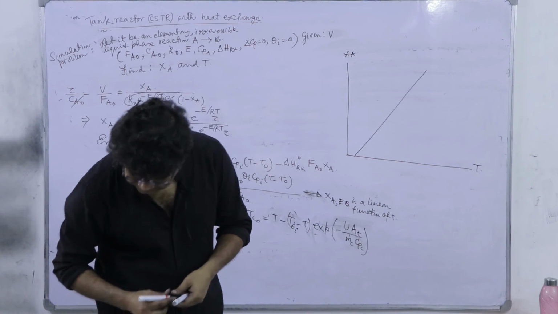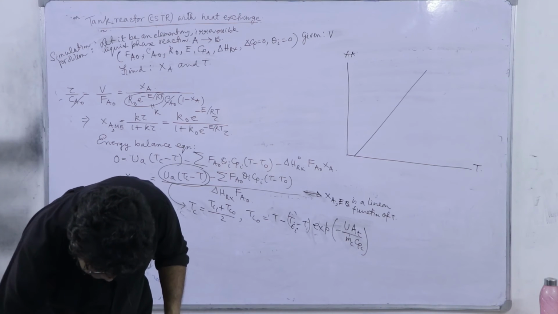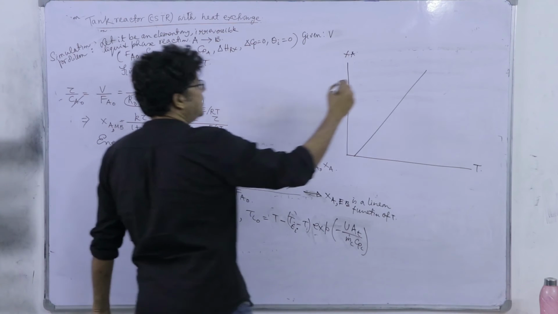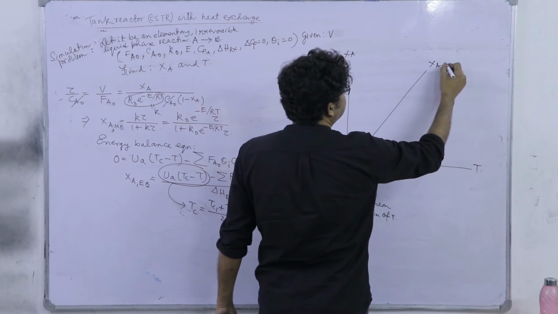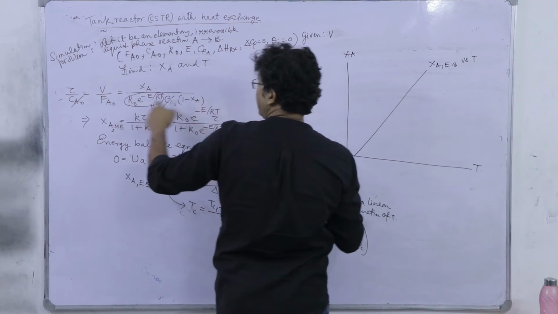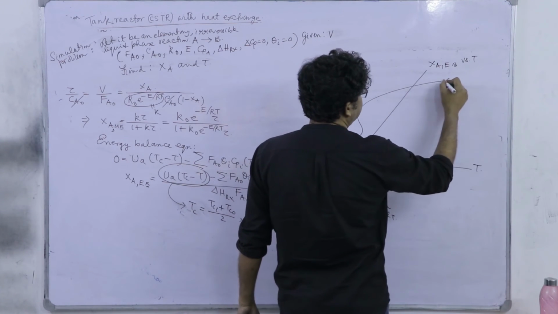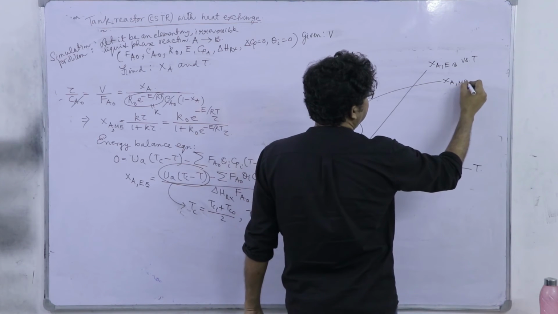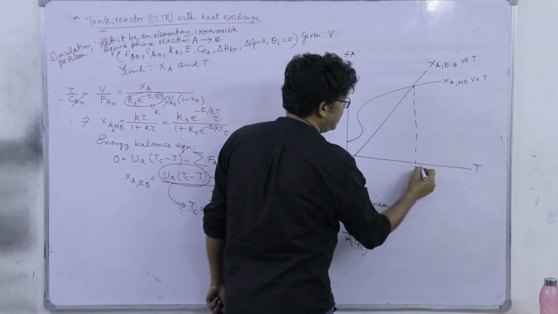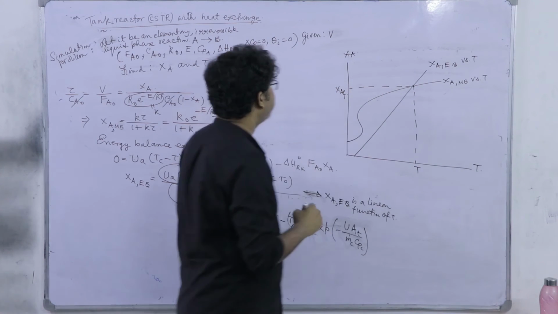So, it's starting from somewhere, but it is linear. So, this is Xa EB versus T, and material balance has got a nonlinear functionality of temperature. So, it will be like this, Xa MB versus T. So, this will give you the temperature and final conversion, right.